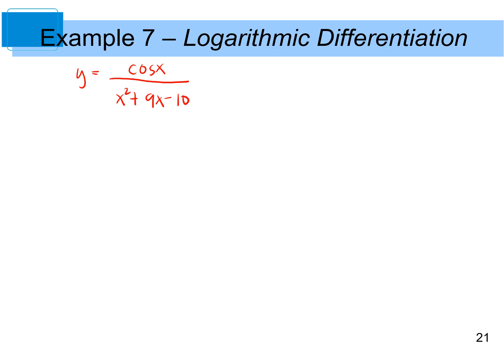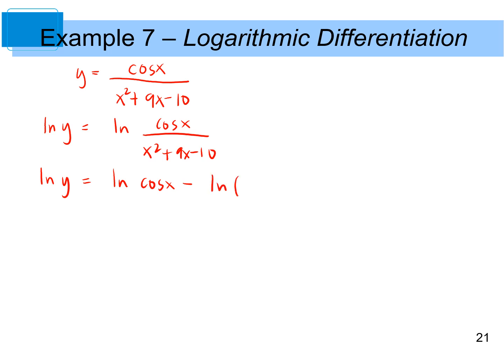So we take the ln of both sides. Ln of y is equal to ln of cosine x all over x squared plus 9x minus 10. Now, we apply the property of logarithms. We separate the right side into ln of cosine x minus ln of x squared plus 9x minus 10. So we use the property for quotients.